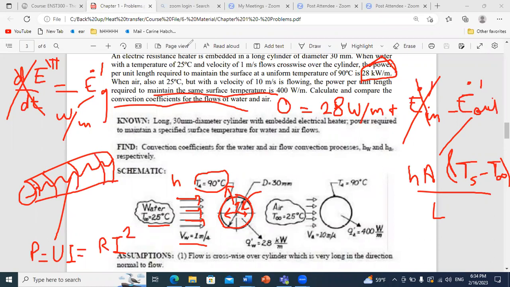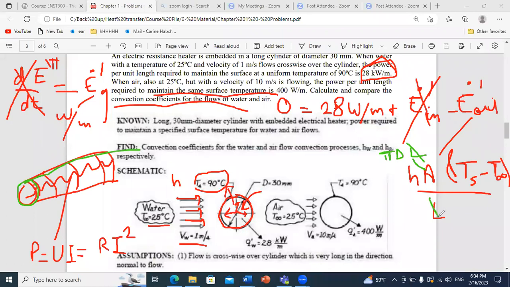To calculate this area, all we have to do is consider the perimeter of the cylinder times its length. So we can replace A by pi times diameter times length. And because we want to compute it per unit length, L will simplify.